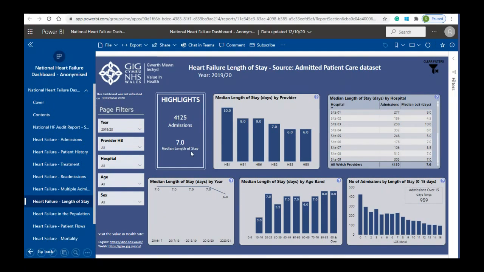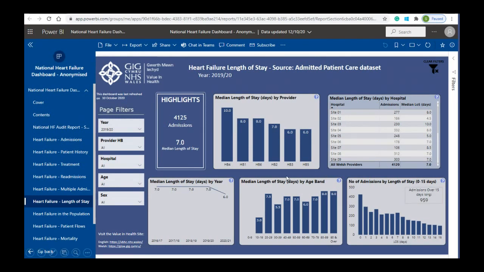So overall then, this slide shows a detailed view of the median length of stay over the last 5 years, and you can see in the bottom left visual that length of stay has remained pretty consistent in Wales over the last 5 years at 7 days.